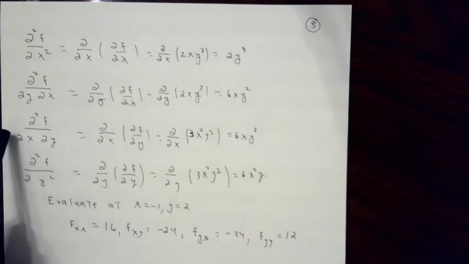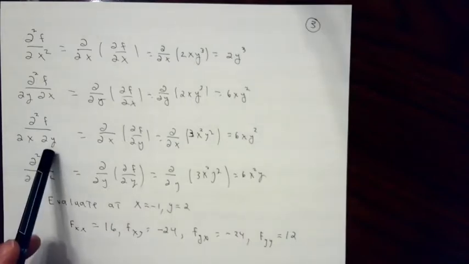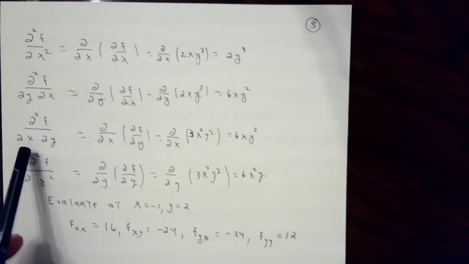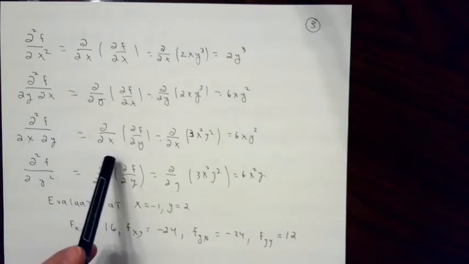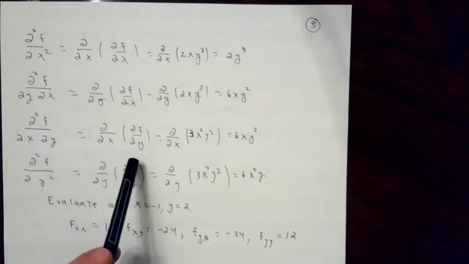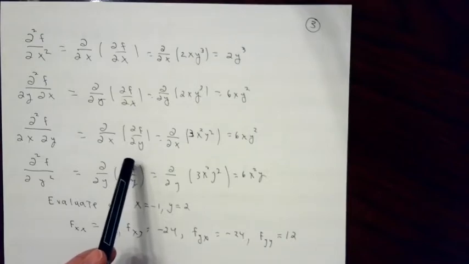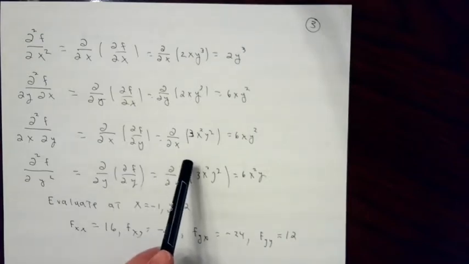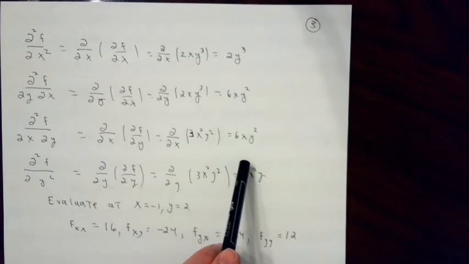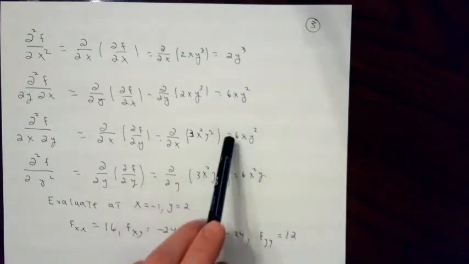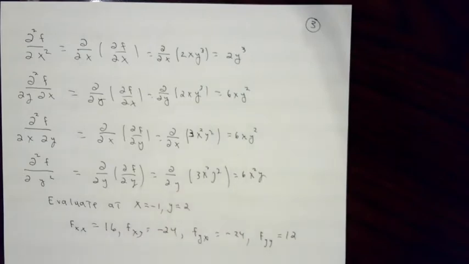The second partial of f, first with respect to y, then with respect to x, is the derivative with respect to x of the partial of f with respect to y, which works out to be 6 times x times y squared. Observe that the two mixed partial derivatives are the same.